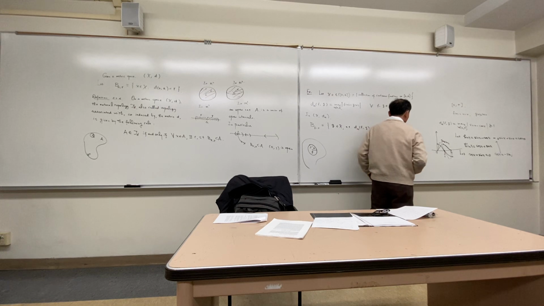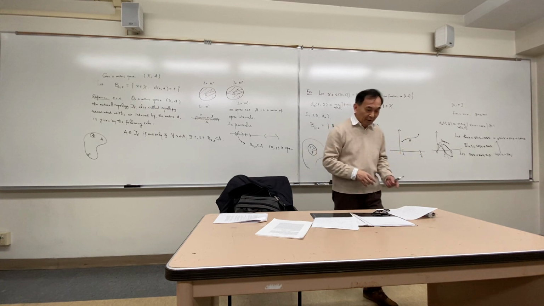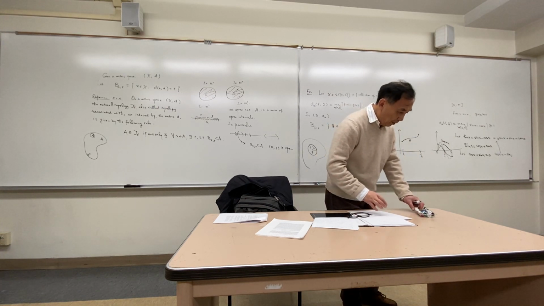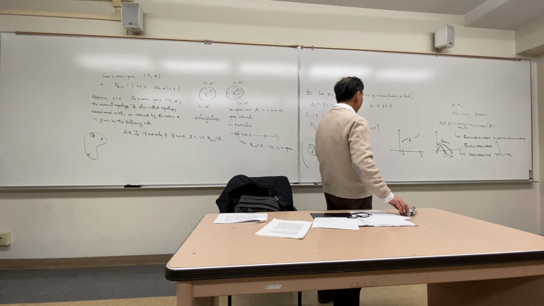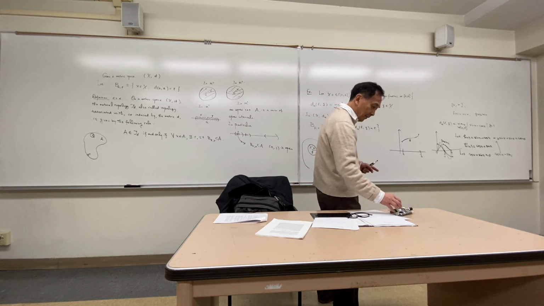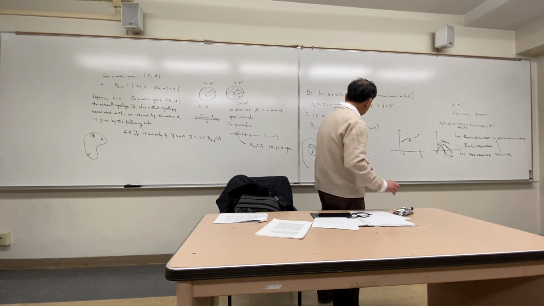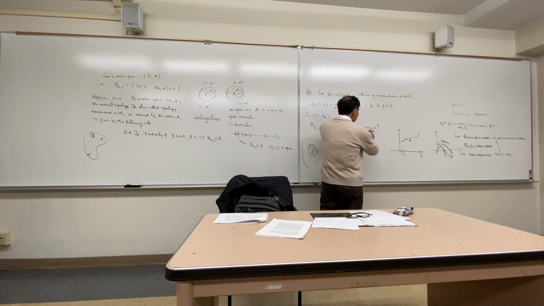Then what is the ball of radius r center at f? Intuitively, let me write this out. That means the maximum value of the difference between f(x) and g(x) is less than r.